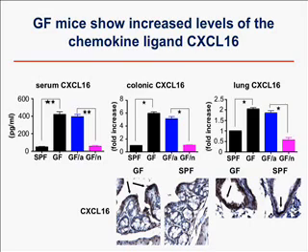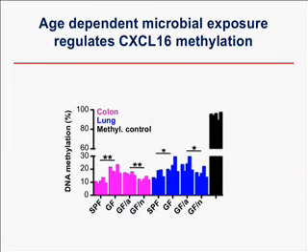And the last point is that what the microbes seem to be doing is regulating, through a pathway we don't understand yet, the epigenetics of CXCL16 and its expression. And so, collaborating with colleagues in Kiel, Germany, who are expert in this area, we identified 5 potential sites on the CXCL16 gene that were amenable to methylation.